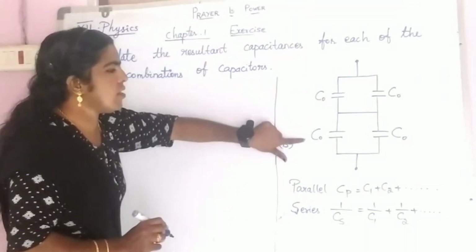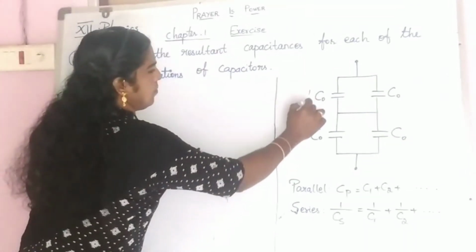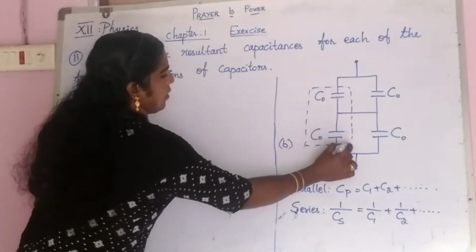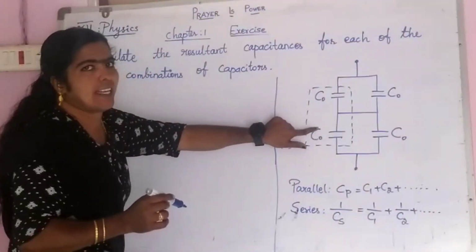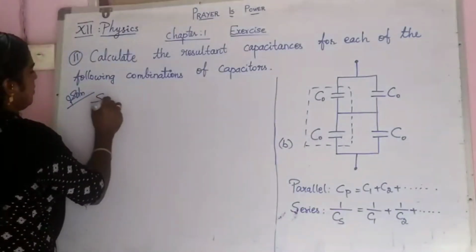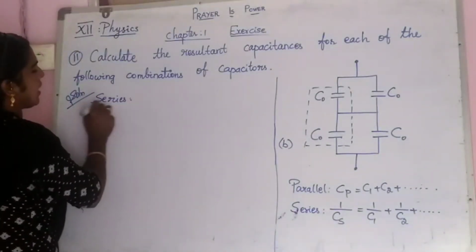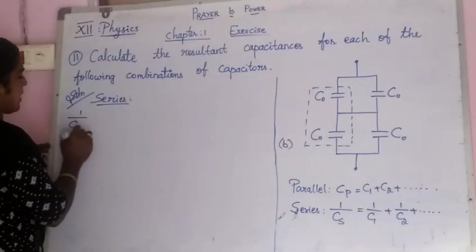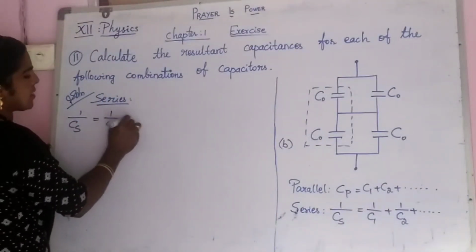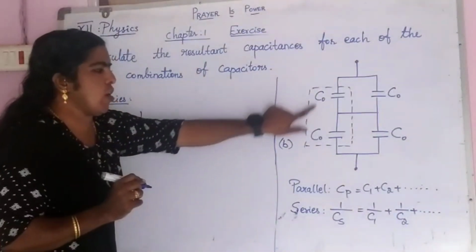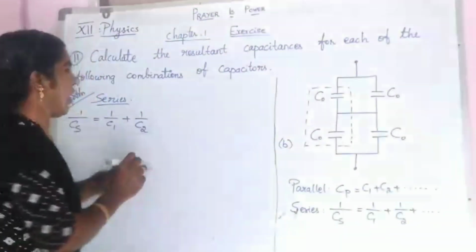First we are using these two capacitors. These two capacitors are in series, so we are using the series formula. 1 by CS is equal to 1 by C1 plus 1 by C2. C1 value is C0, C2 value is also C0.